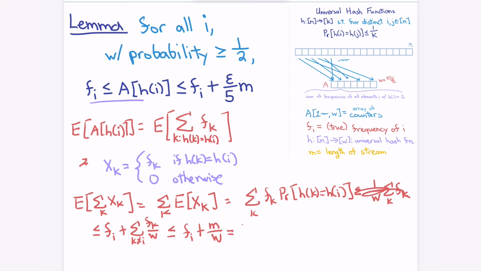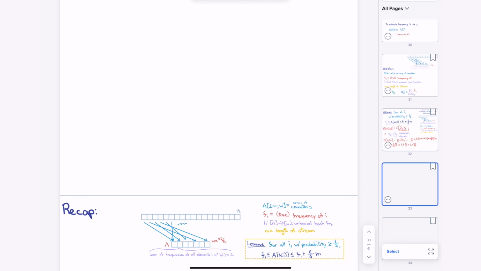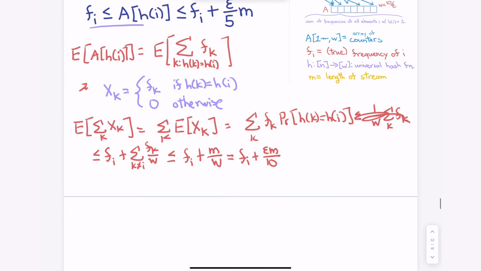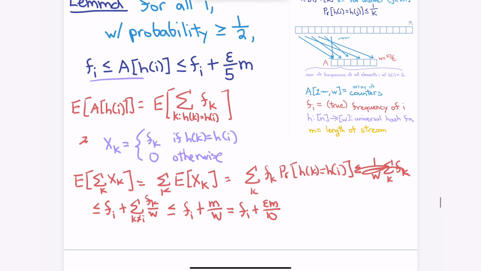Which I should mention is epsilon M over 10 for our choice of W. Okay, good, so we're making progress. But the original statement is a little bit different, right?